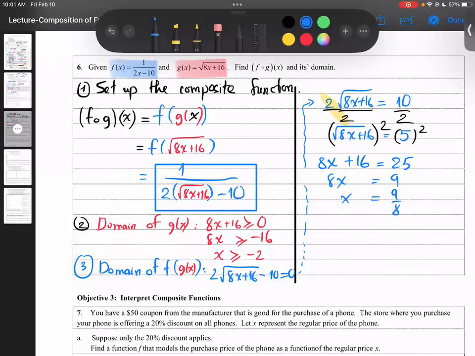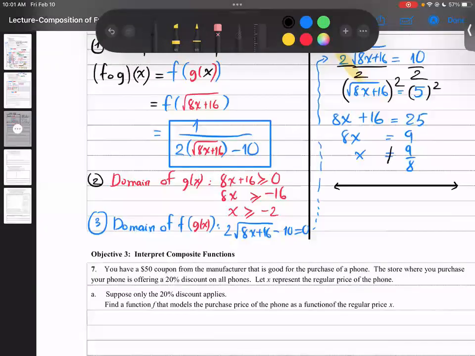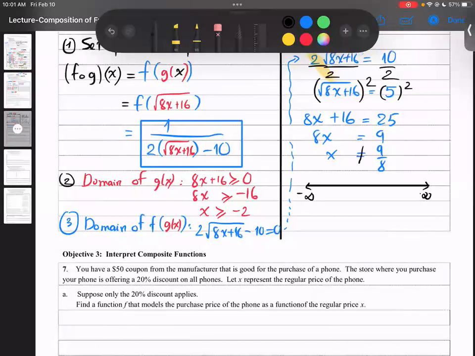We're going to put them on a number line. Oh, by the way, x cannot be equal to 9 over 8. I forgot about that part. We set it equal so we could solve for x, but at the end we put a little slash over it. On the number line, from negative infinity to positive infinity, negative 2 comes first because it's negative, and then 9 over 8.